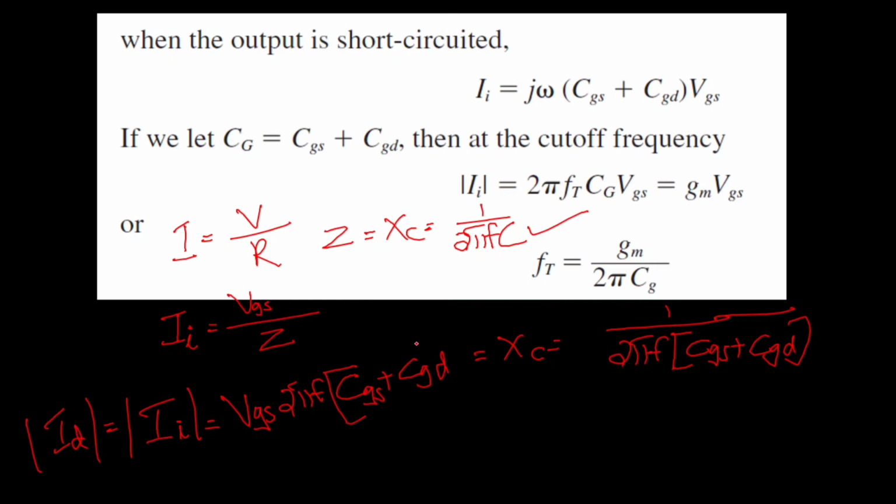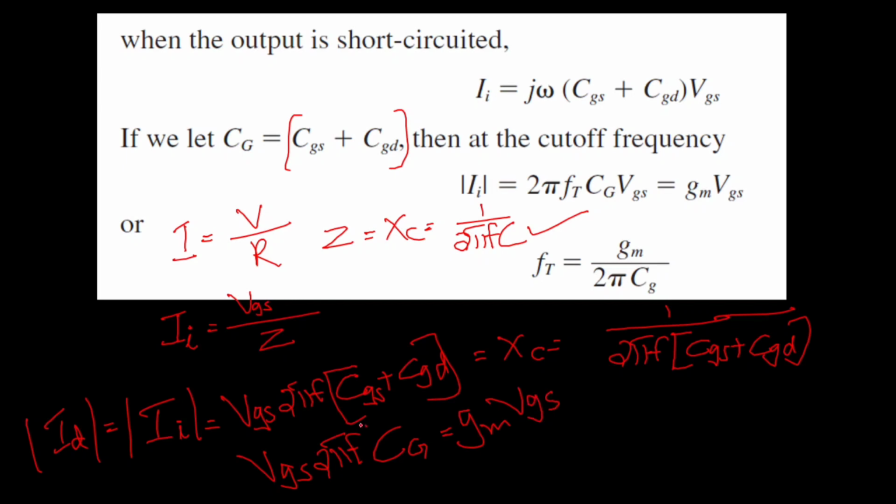One alteration they made is that CGS plus CGD is written as capital CG. So I can write VGS 2 pi f into CG. This is equal to my ID or II, that is given in the equation, which is actually GM VGS. Now I can find the equation for f.